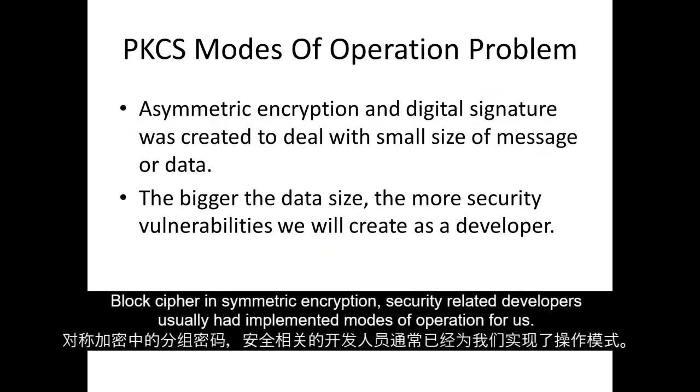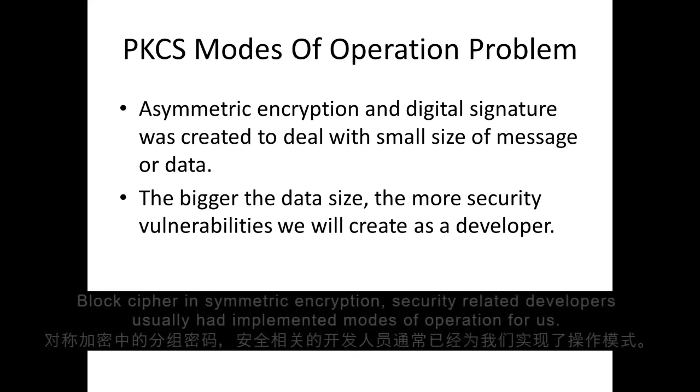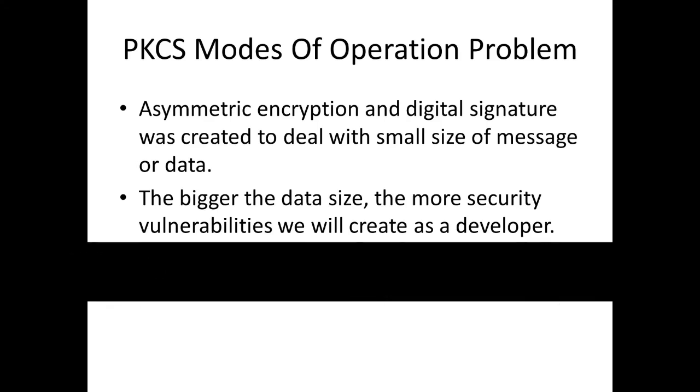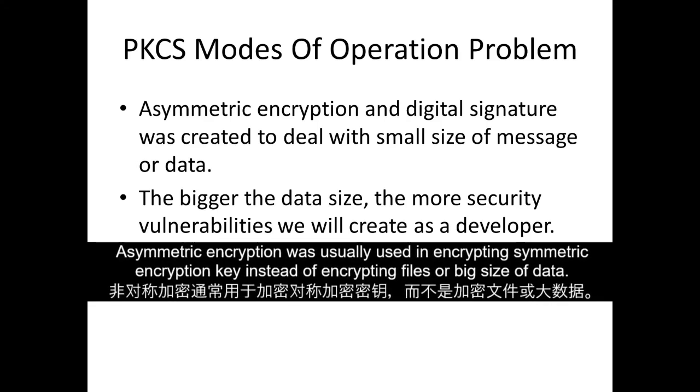Block cipher in symmetric encryption, security-rated developers usually have implemented modes of operation for us. However, this is not the case for PKCS, asymmetric encryption, and digital signature. Asymmetric encryption was usually used in encrypting symmetric encryption key instead of encrypting files or big size of data.